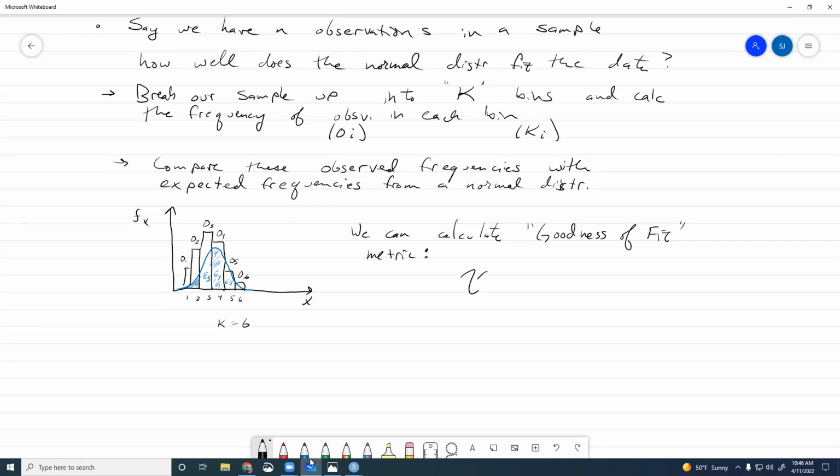So there's chi-squared, and that's equal to the sum from i equals 1 to k of our observed frequencies minus our expected frequencies or probabilities, squared, all over our expected. It's a very simple metric. How far off are observed frequencies from our expected, dividing by each expected one.